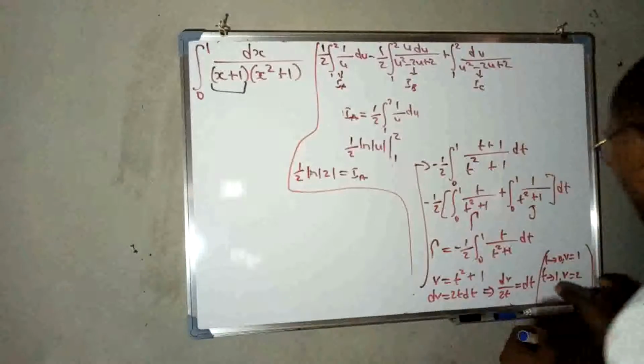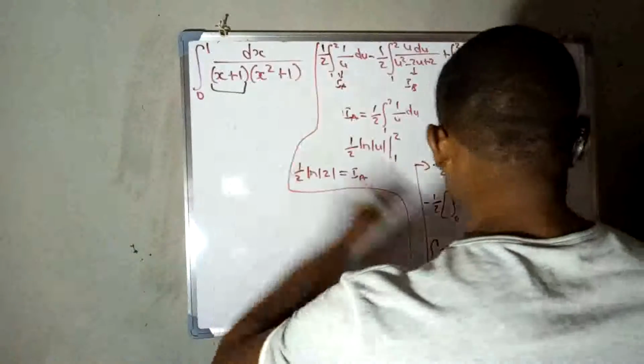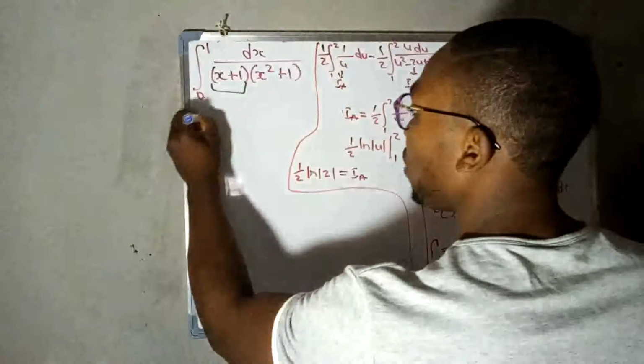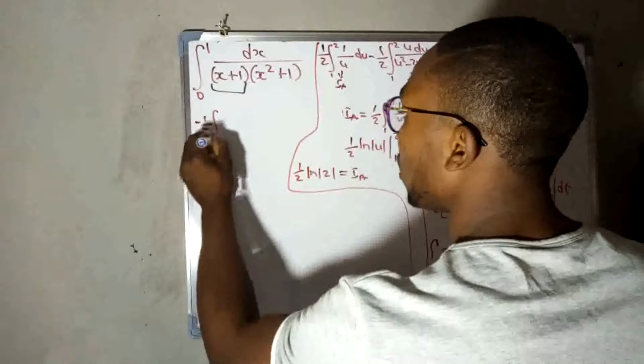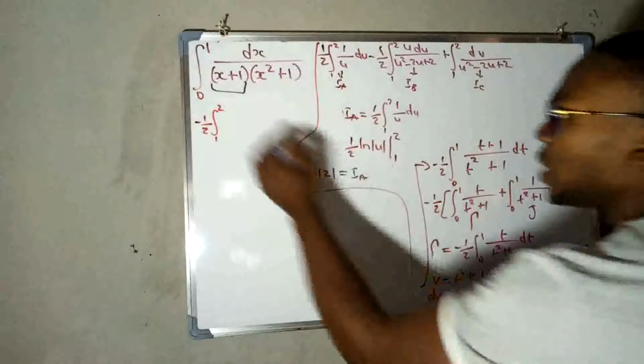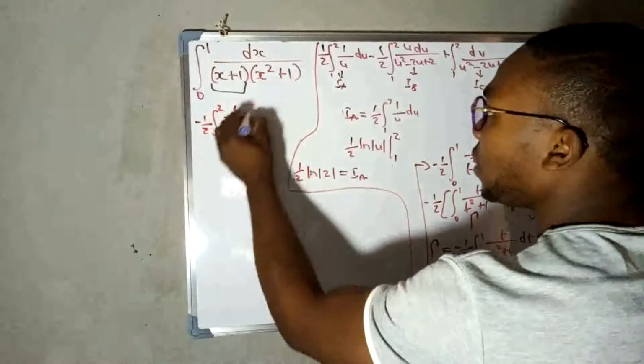So I think from this side, let me continue from here. So I bring my integral. Remember, we're having minus 1 over 2. So I have my minus 1 over 2, and my integral from 1 to 2. Then we are having my t over all this guy, that is nothing but my v.